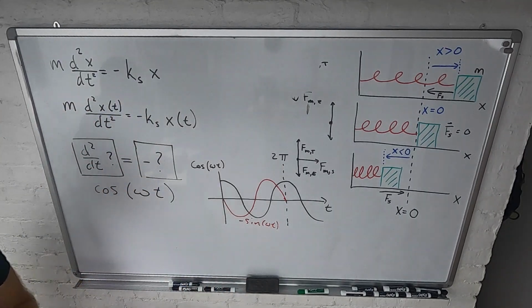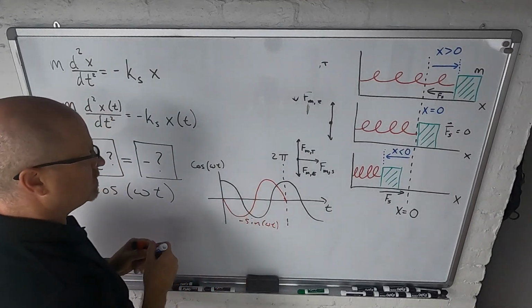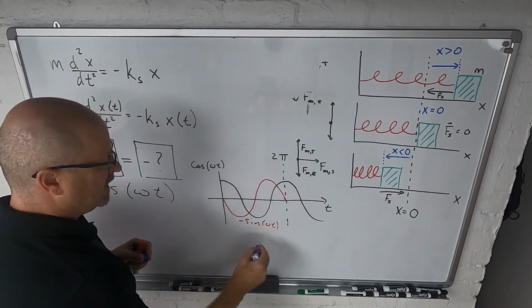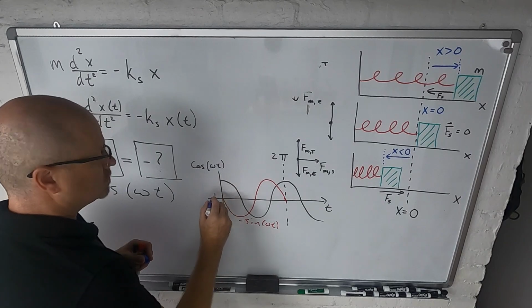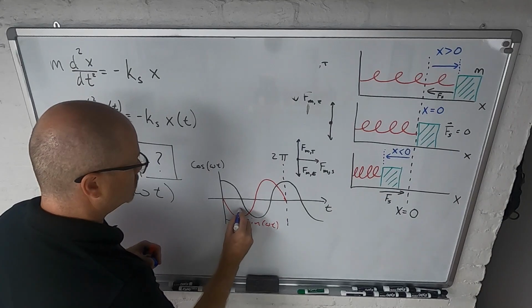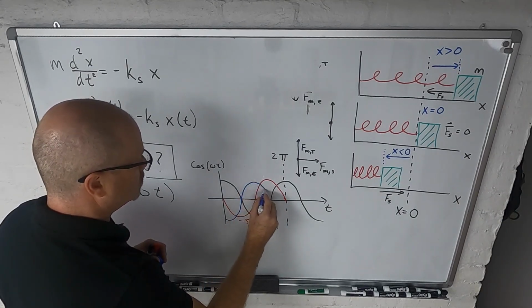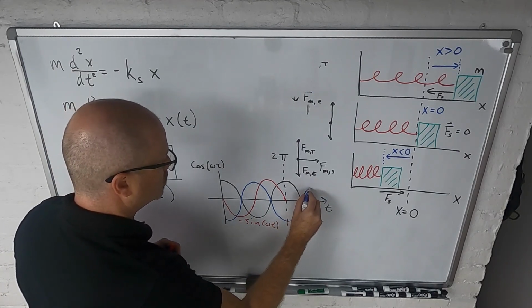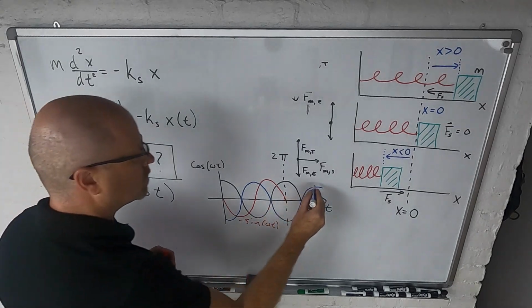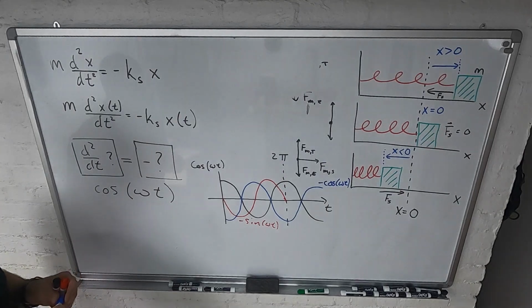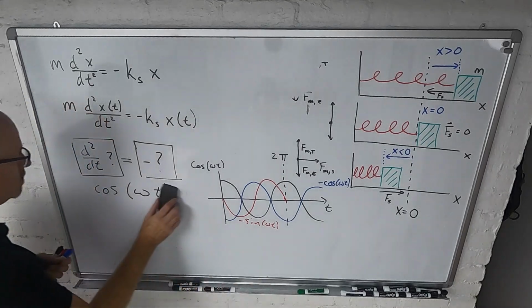Let's take another derivative. The derivative of minus sine turns out to be minus cosine, so minus cosine omega t. I think we found our function. So let's look at that mathematically.